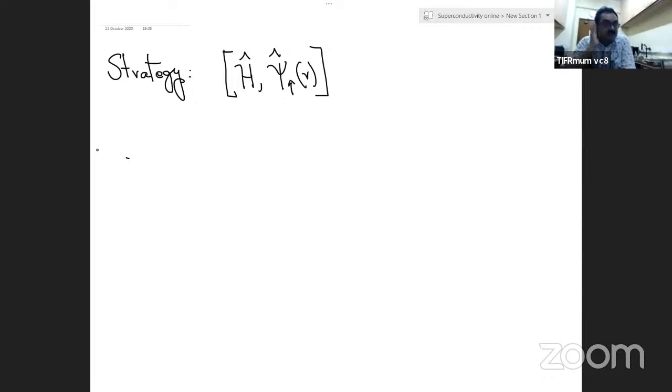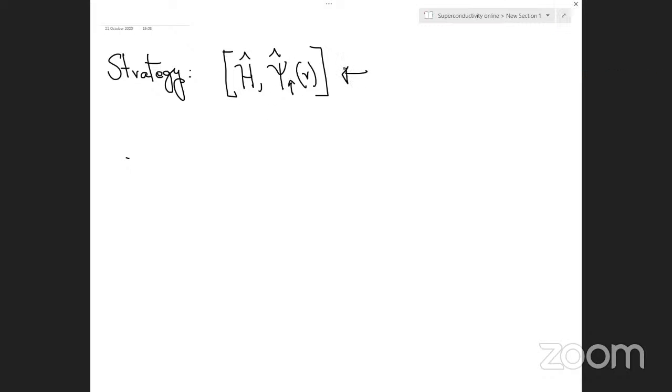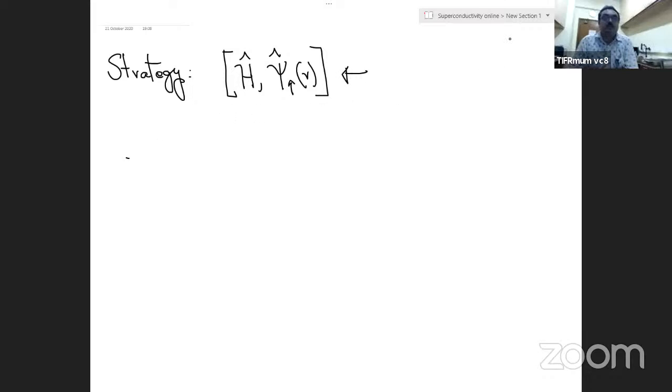So the strategy is the following: we have to evaluate this commutator here, but we will evaluate it in two ways. One is we will use the second quantized Hamiltonian that we have just derived in terms of the first quantized Hamiltonian.